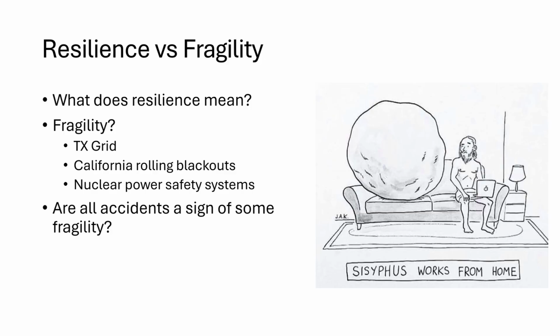And so when we look at the opposite, when we look at resilience, what does that even mean? Sometimes when you look up resilience, you'll see examples of Sisyphus, pushing the boulder up the mountain endlessly, regardless of what stands in their way.